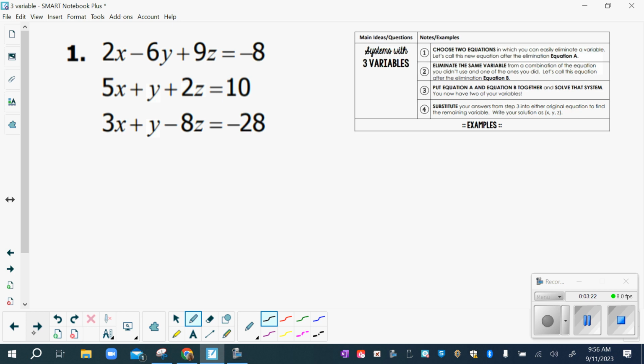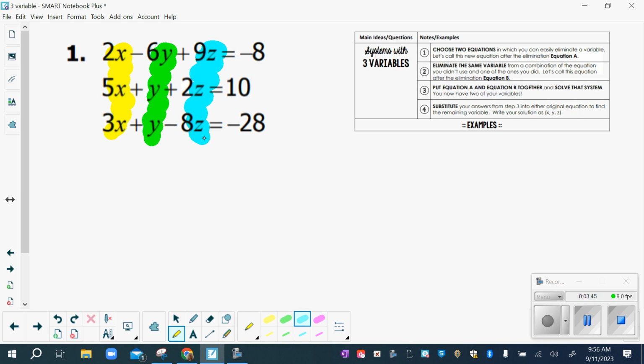So take a look at what I'm going to talk about. I either want to get rid of all of the X's to start off with, or I'm going to get rid of all of the Y's to start off with, or I'm going to get rid of all of the Z's to start off with. And here's how I decide which to do.